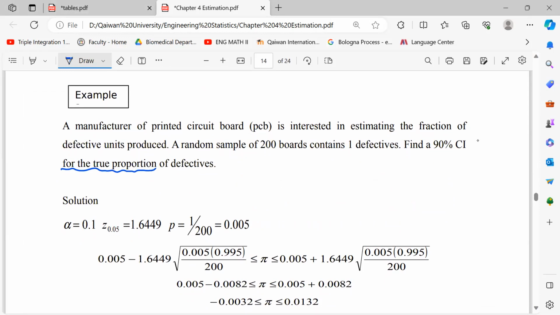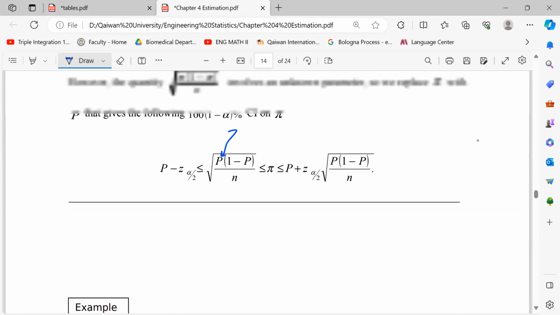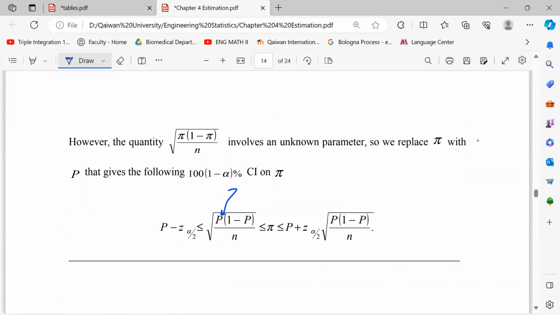We need to find confidence interval for proportion. As we have only one population, or one sample size, it means it is this case. It is the population proportion. It's the confidence interval for population proportion. Okay.